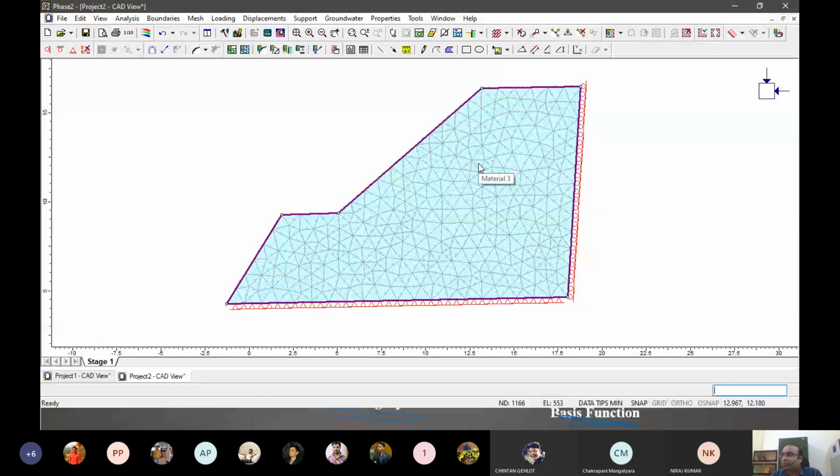But keeping it very simple, we just did the three main things. We did the geometry, we did the discretization and meshing, and we gave the boundary condition. The governing equation for this kind of analysis is already pre-fed in these software, so they already assume that we are doing the structural work.